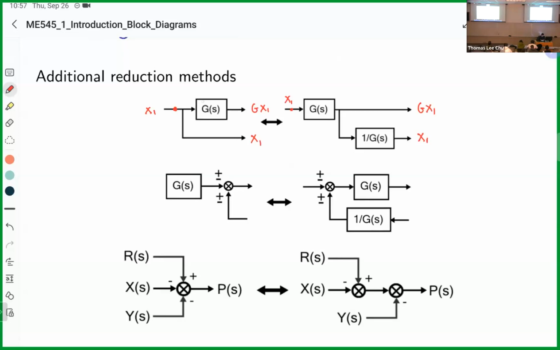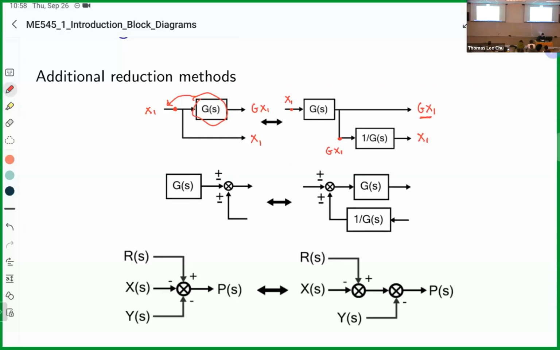So if we were to take this G and we push it back here, we still want this output to be G times x1. So x1 is our signal. But this system now is going to get, if we check here, G times x1 here. And we need to get rid of that G, so we have to divide it by G to get x1.